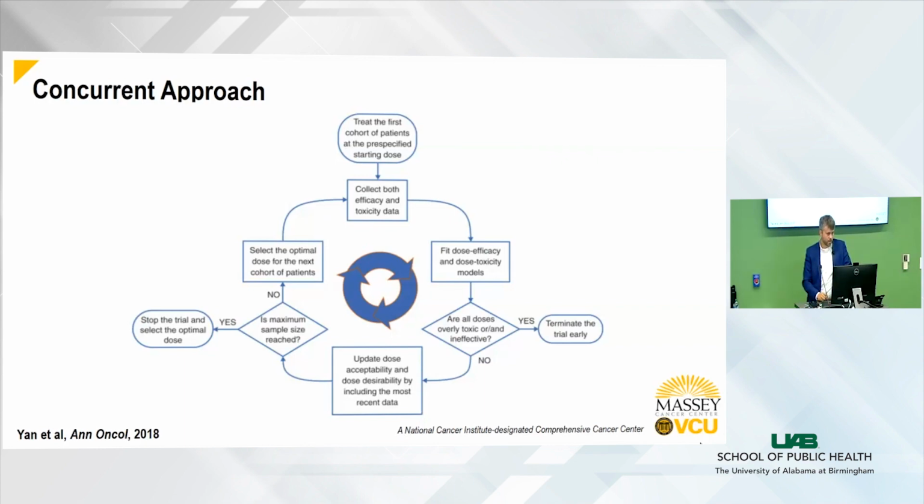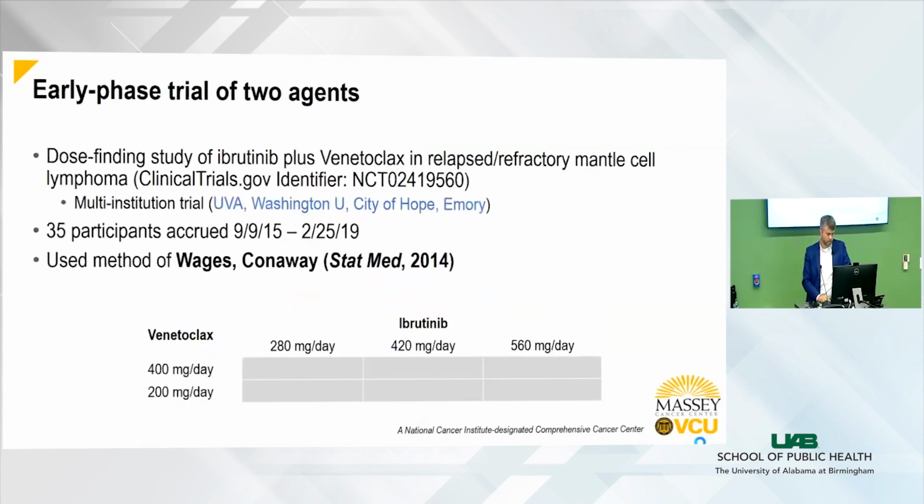So we're going to talk about this type of approach with an early phase trial of two agents that completed accrual in 2019. The paper was published in 2022. This is a dose-finding study of ibrutinib plus venetoclax in relapsed refractory mantle cell lymphoma. There's the clinical trial identifier if you're interested in that.